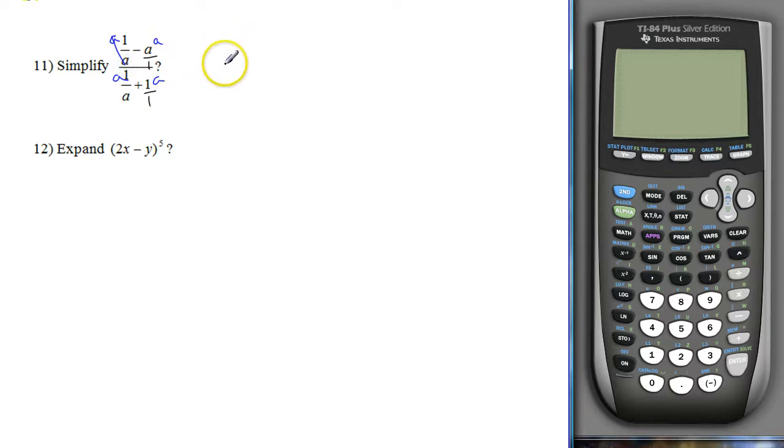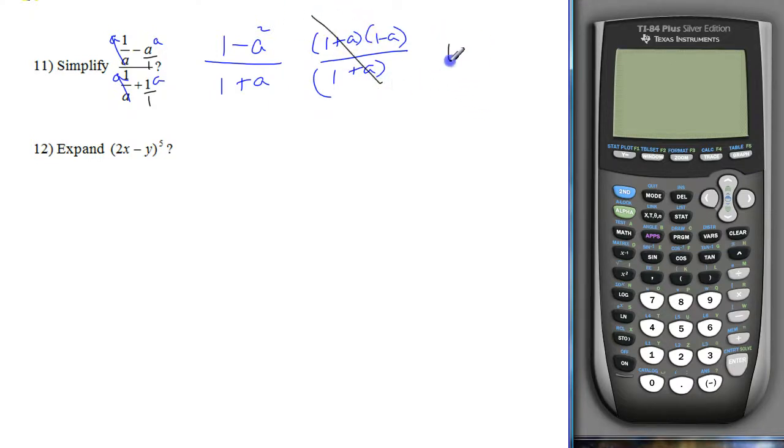So a cancels a, so that's 1 minus nothing cancels a squared. A's cancel. I get 1 plus a. Factor, cancel, clean up. 1 plus a, 1 minus a, over 1 plus a. Those cancel out, and the final answer is 1 minus a.